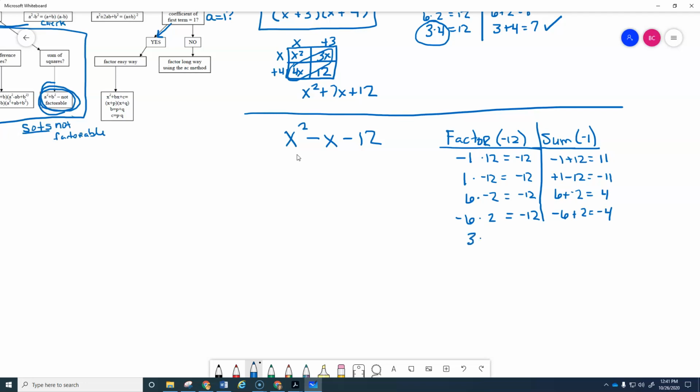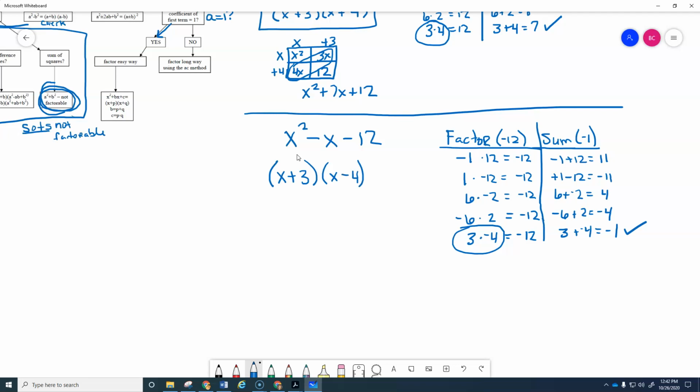So what about 3 times negative 4? That multiplies together to give me negative 12, and a positive 3 plus a negative 4 gives me negative 1. Oh, that's the one that I want. So these are the factors that I'm going to use: x plus 3 and x minus 4. Okay, that's what we call the easy kind.